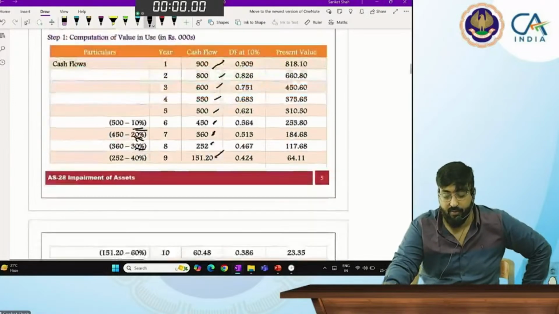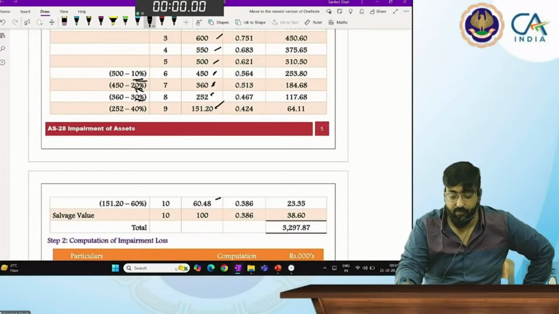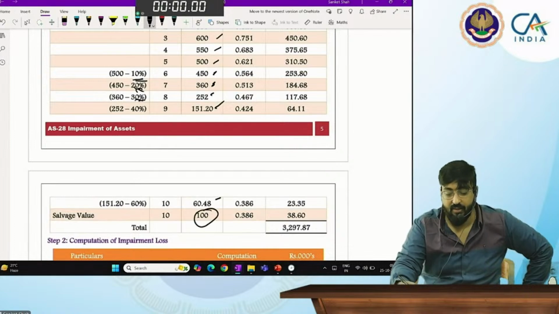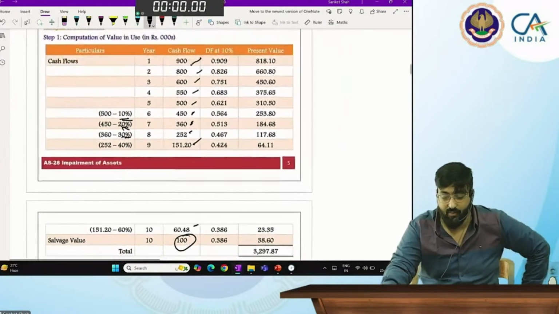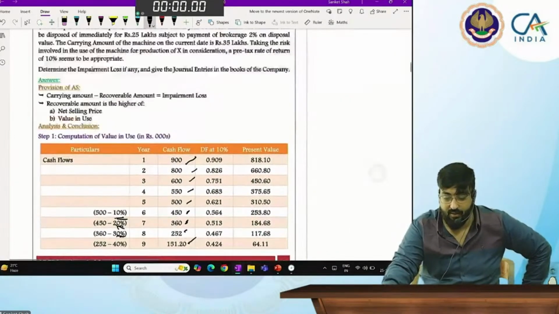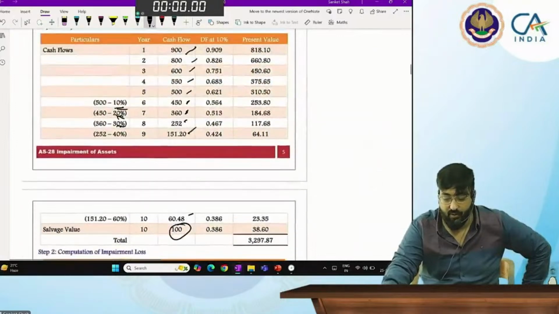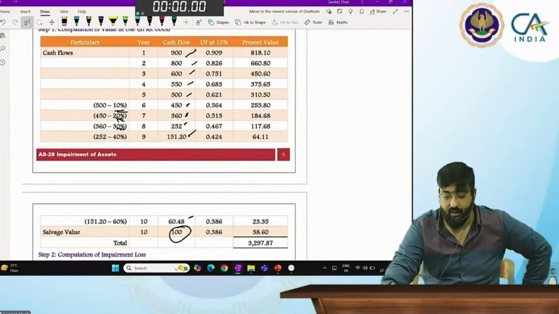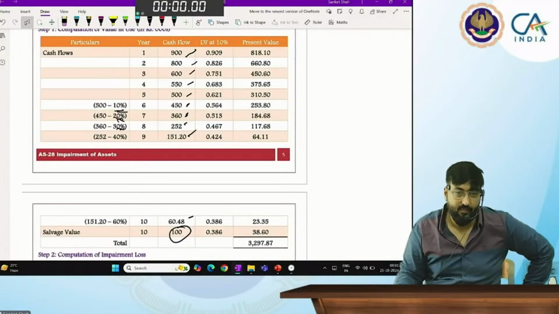Then 40% decrease. And then 60% decrease. And at the end you are getting the salvage value, and your discounting factor is 10% का discounting factor, up to 3 digits I have taken, and you got this answer 3297.87. Okay, this is how you have to solve that VIU, value in use.